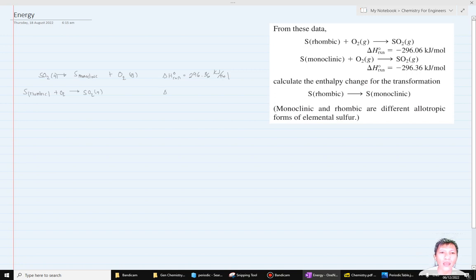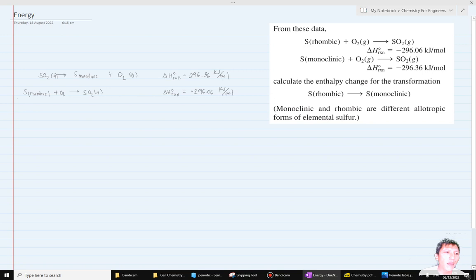Then the delta H, or the enthalpy of reaction at standard state, is equal to negative 296.06 kilojoule per mole. So basically the standard way of doing this one is to add the chemical reactions.